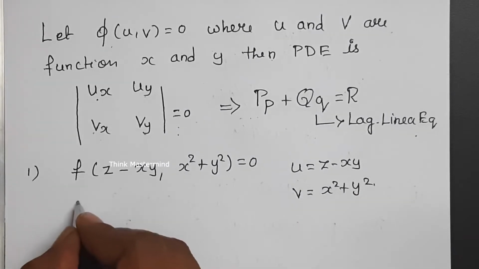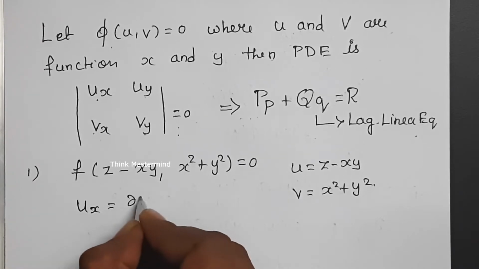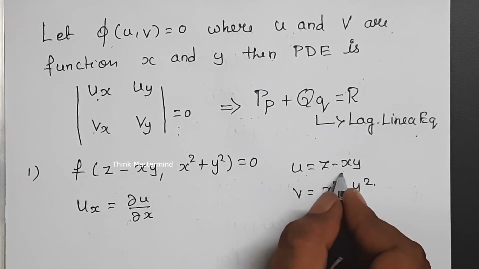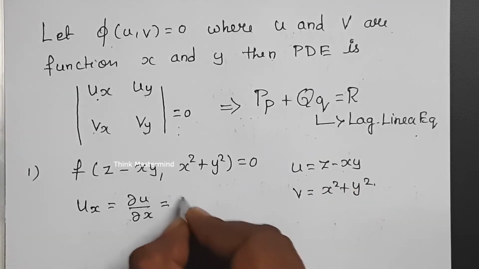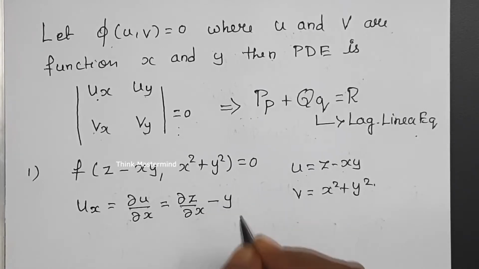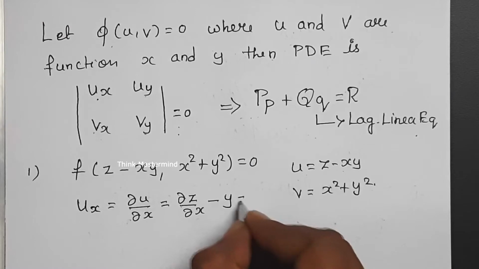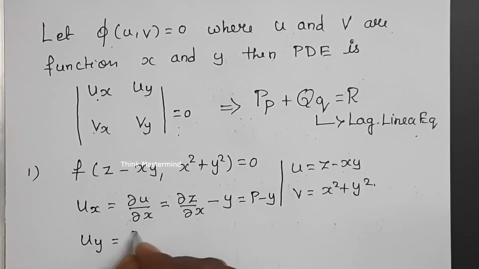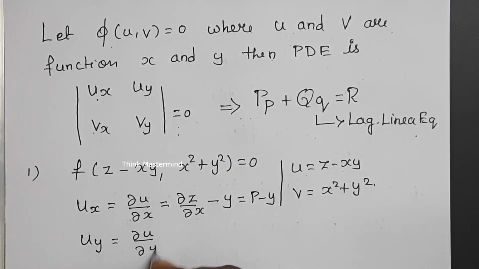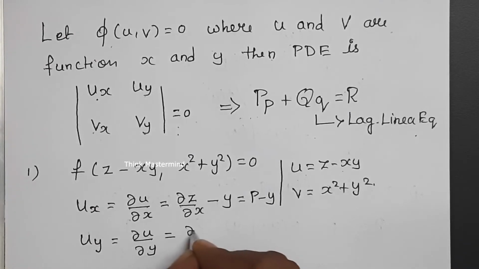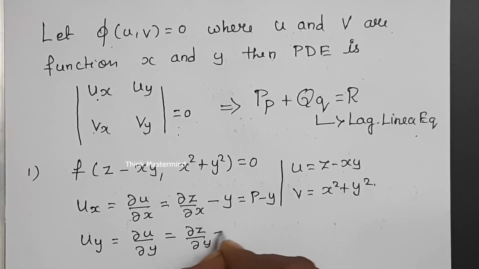Now we are finding ux. The ux is nothing but dou u by dou x. So differentiating u partially with respect to x, that is equal to dou z by dou x minus y. Using the notation, that is p minus y, and uy is nothing but dou u by dou y, that is equal to dou z by dou y minus x.